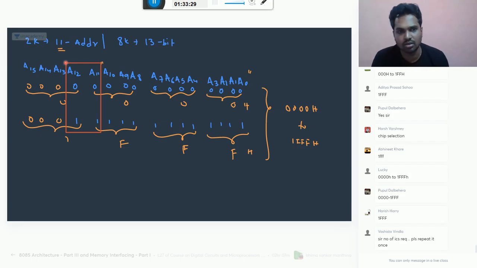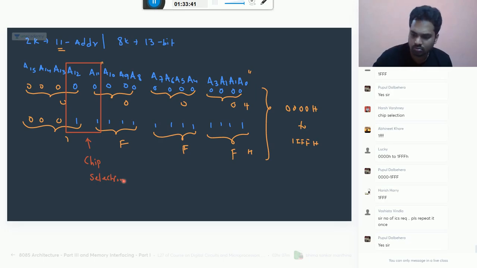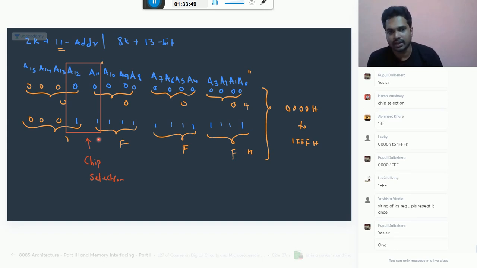Just wait first. These 2 bits can be 00, 01, 10, 11. Okay, these are used for chip selection. So they can be 00, 01, 10, 11.